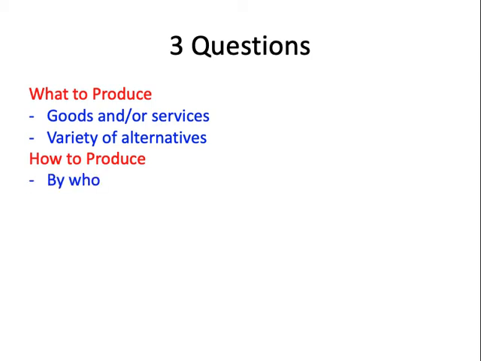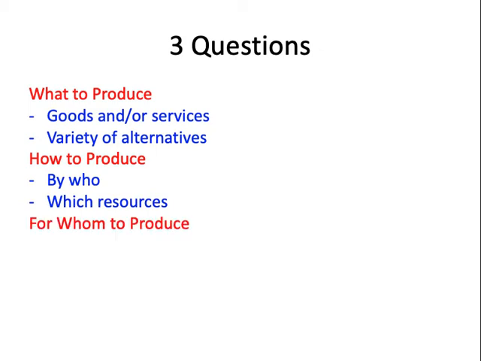Who is going to produce it? Is it going to be a government enterprise? Is it going to be fully privatized? Are we going to end up getting it from international trade? Which resources are we going to use to produce these things? If I'm going to power this city, am I going to choose fossil fuels? Am I going to choose a different type of cleaner energy? What's cheaper? What's more expensive? All these kinds of things.